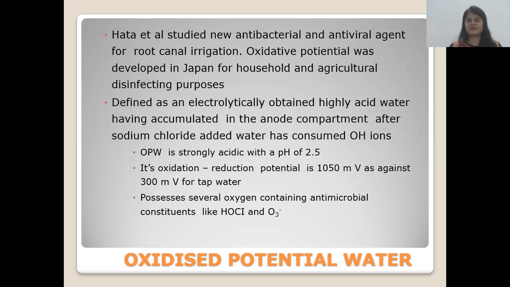It is defined as an electrolytically highly acidic water accumulated in the anode compartment after sodium chloride added water was electrolyzed and hydroxide ions consumed. So oxidative potential water is strongly acidic in nature, with a pH of 2.5, and its oxidation reduction potential is 1050 millivolts, as against 300 millivolts for tap water. It possesses several oxygen containing antibacterial constituents like sodium chloride and reduced oxygen.